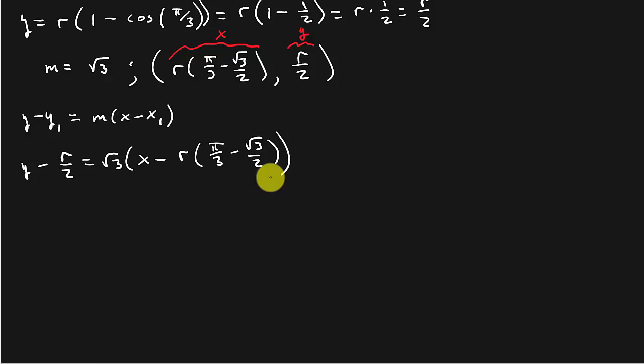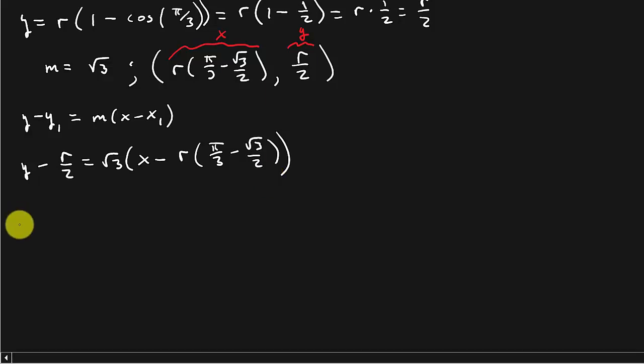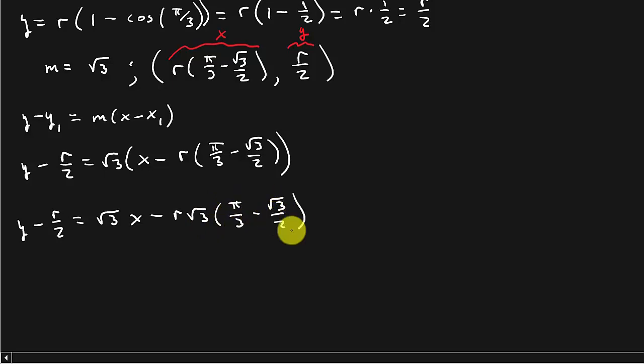So I get y equals, let's just do it like this, minus R square root of 3 times pi over 3 minus square root of 3 over 2.